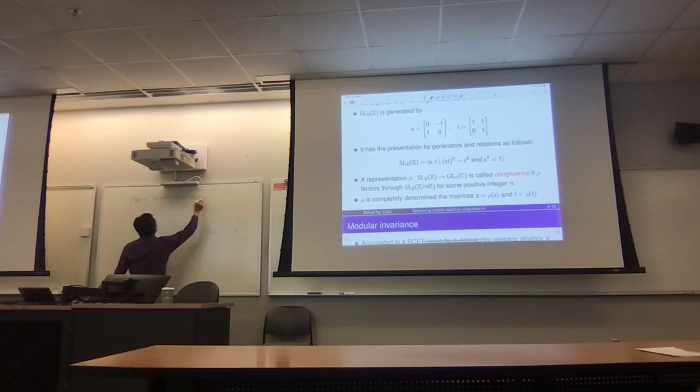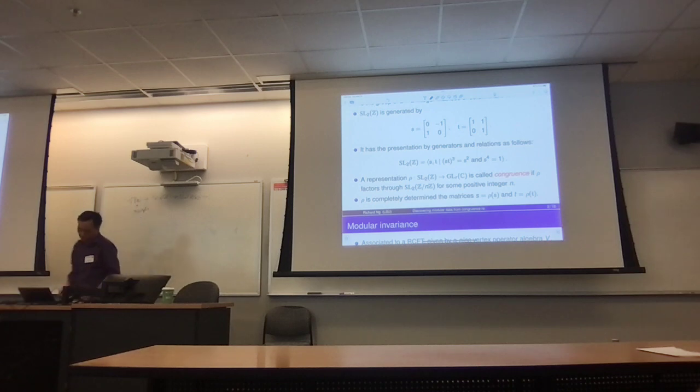This is the principal congruence subgroup of level n. So basically, the kernel of the representation contains some of these congruence subgroups.